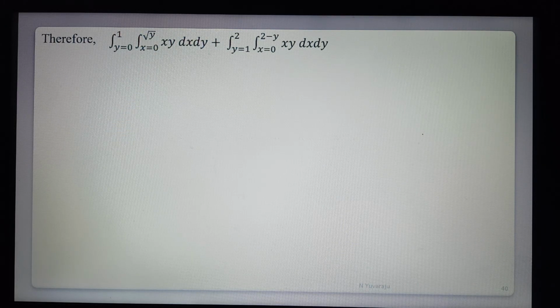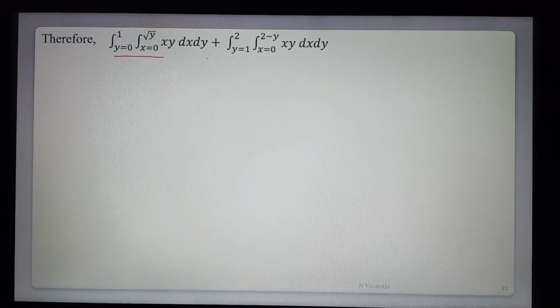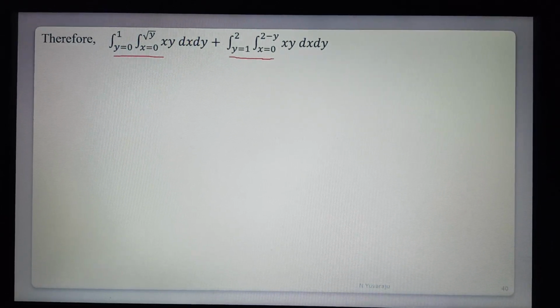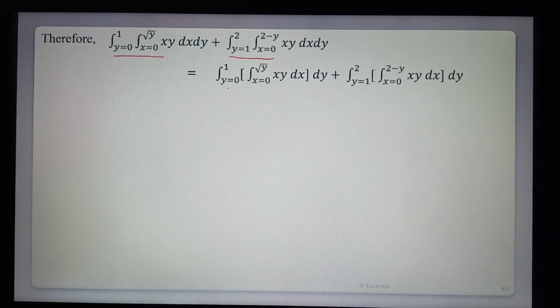So first region limits: y is equal to 0 to 1, x is equal to 0 to root y, of xy dx dy, plus second region limits: y is equal to 1 to 2, x is equal to 0 to 2 minus y. So that is equal to the first one, integration y is equal to 0 to 1, integration x is equal to 0 to root y, xy dx into dy, first with respect to x. Similarly y is equal to 1 to 2, x is equal to 0 to 2 minus y, xy dx dy.